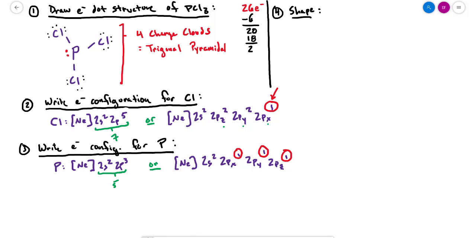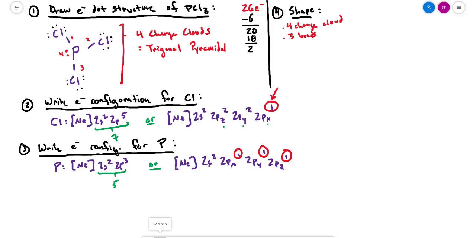The 4th step is to think about shape, which we've already started to do. We know that there are 4 charge clouds from our Lewis structure. We identified those as 1, 2, 3 for the single bonds, and 4 to count the lone pair. And there are 3 bonds that form here.